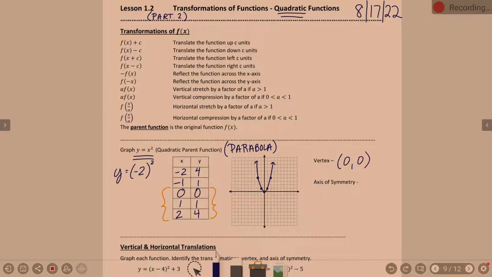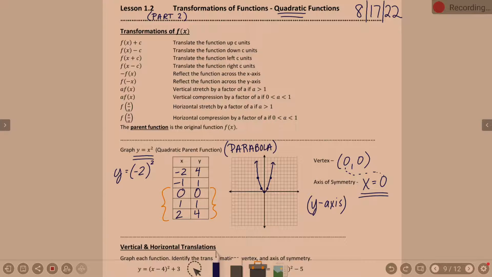A little vocabulary. What is the vertex on this basic parabola? 0, 0. Thoughts on the axis of symmetry? Does this work the same way as what we were doing the other day? Yep, it does. Some of you may be saying the axis of symmetry is the y-axis. I agree. I'm not arguing. But on homework, they're going to want the equation.